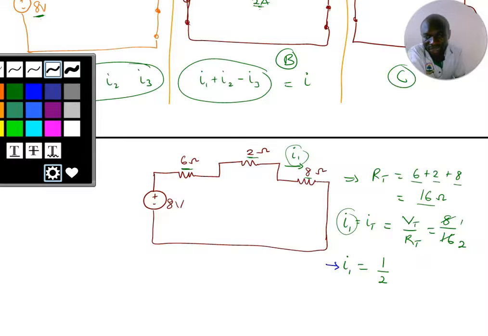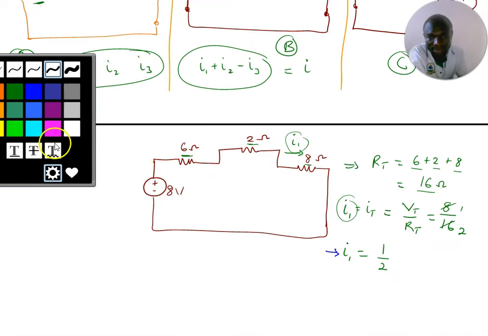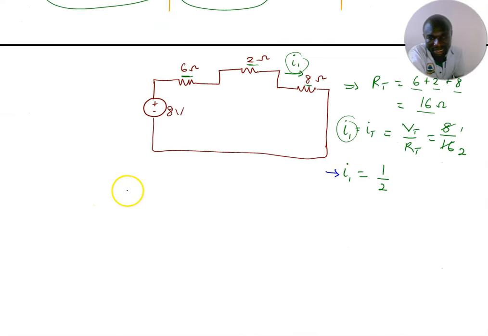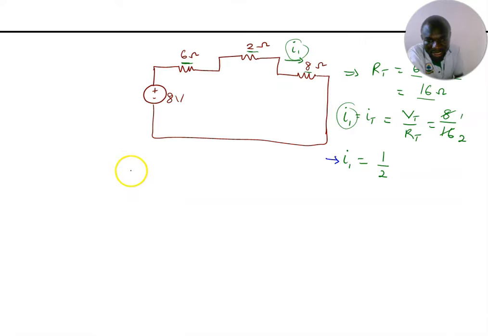For the other circuit, what do we have? The other circuit also looks like this. Let me draw it here. We have a short circuit path here. That's circuit B. We have a resistor here, another resistor here, and a current source, which we didn't take off.